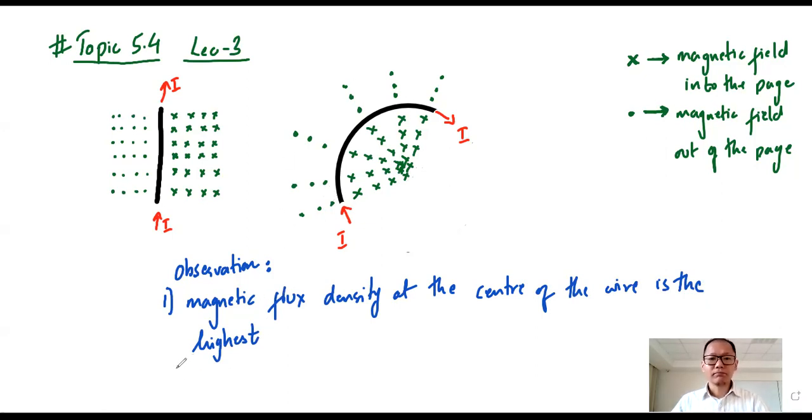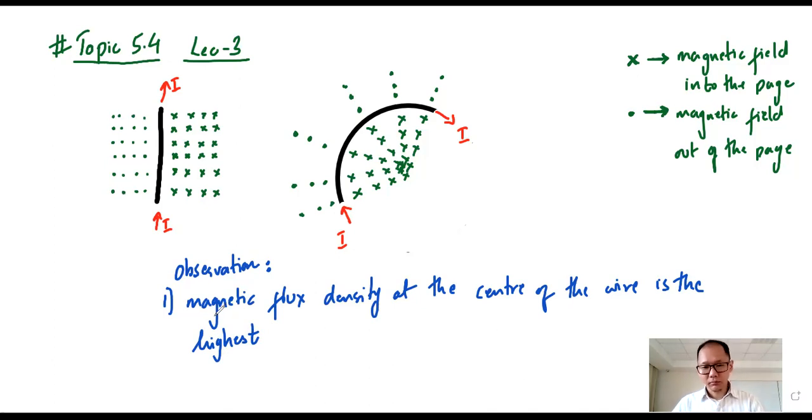So the main thing to observe is that when you have a circular wire, the flux density at the center is the highest. We will also look at how to find the magnetic flux density at the center of the wire from a formula. So that's what we will do next.